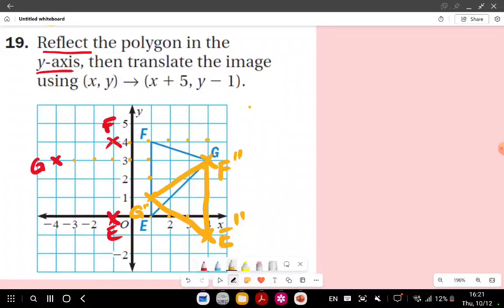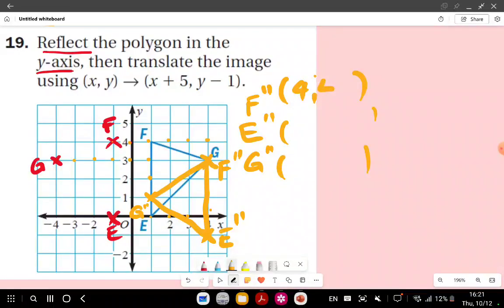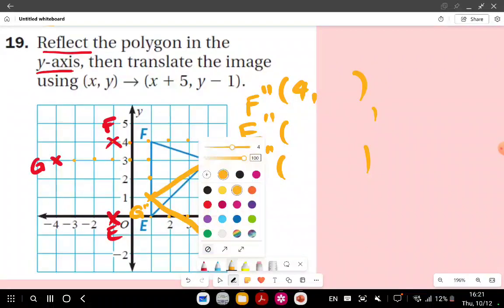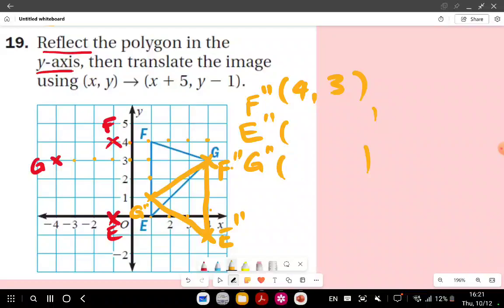Final coordinates, F2, E2, and G2 are going to be, F2 is 4, 3. E2 is 4, -1, and G2 is 1, 1.